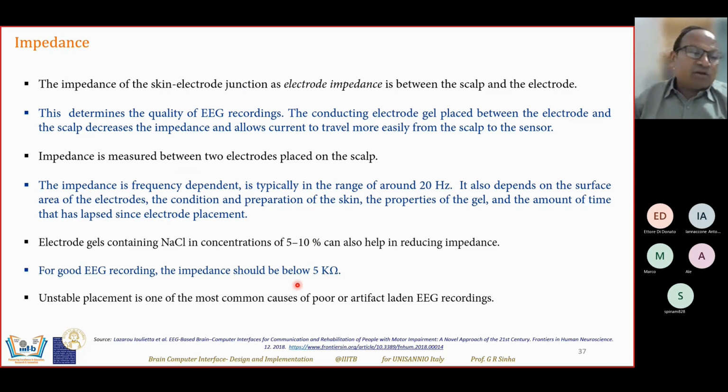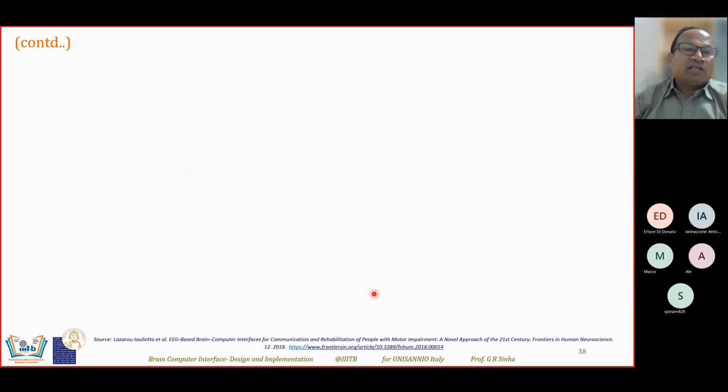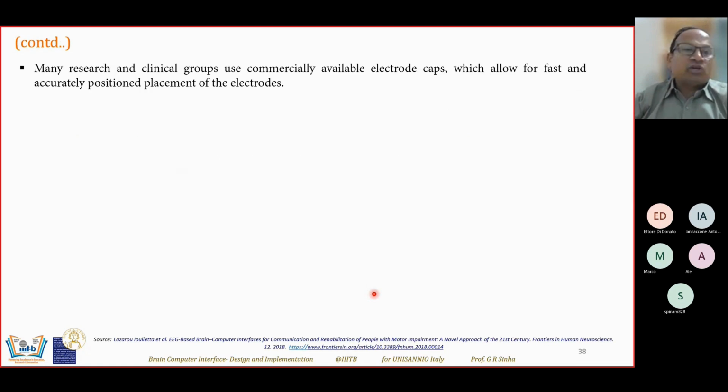If your placement is unstable or not proper, that is also a common factor of poor or artifact-laden EEG recording. So there will be more predominance of artifact that will further reduce the quality of your signal. For many research and clinical groups, commercially available electrode caps allow for fast and accurate placement. So you just wear a cap.